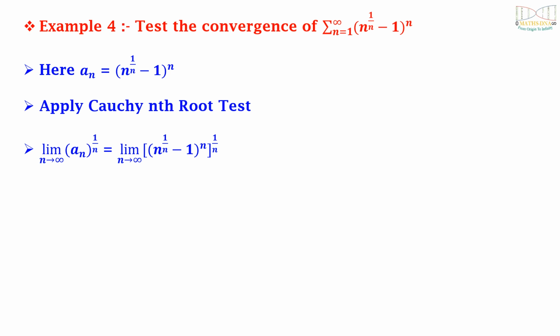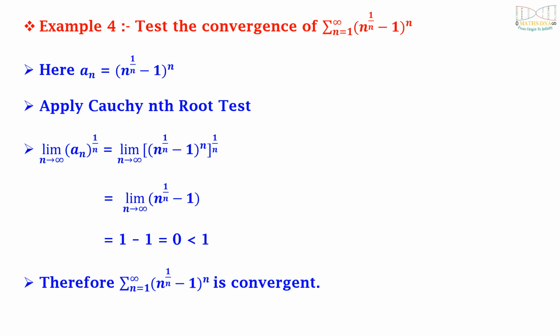The n gets cancelled out and we get limit n tends to infinity n raised to 1 by n minus 1, which is equal to 1 minus 1, which is equal to 0, which is again less than 1. Therefore, summation n running from 1 to infinity n raised to 1 by n minus 1 whole raised to n is convergent.